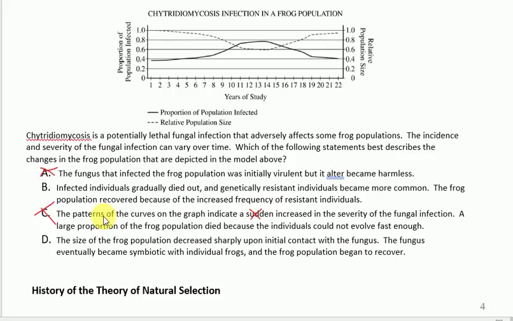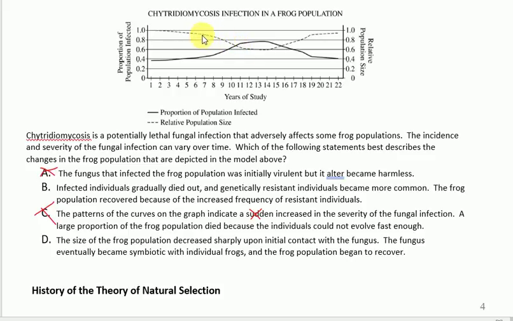D, the size of the frog population decreased sharply upon initial contact with the fungus. The fungus eventually became symbiotic with individual frogs, and the frog population began to recover. Well, it's talking about a decrease sharply. When it was here, this is when it was introduced into the population that we know of, and the decrease did not happen.